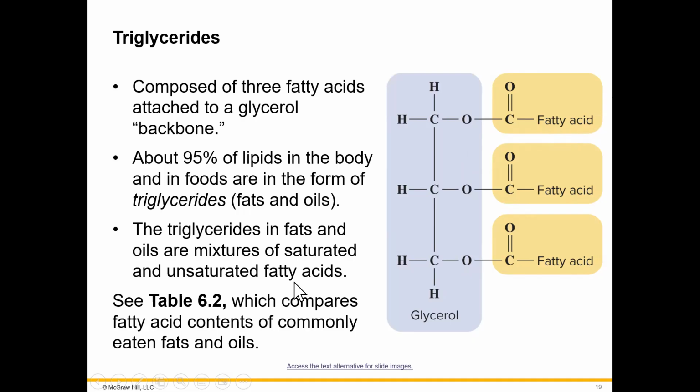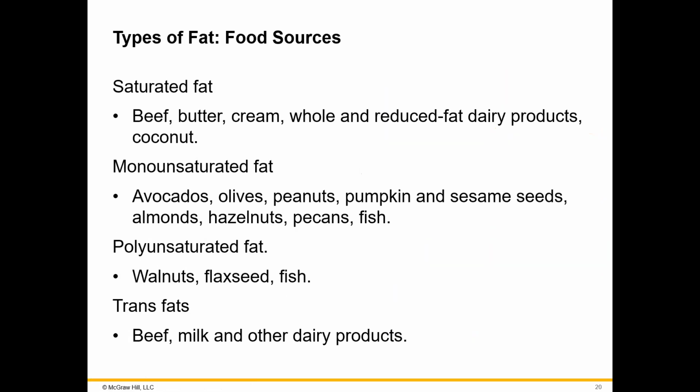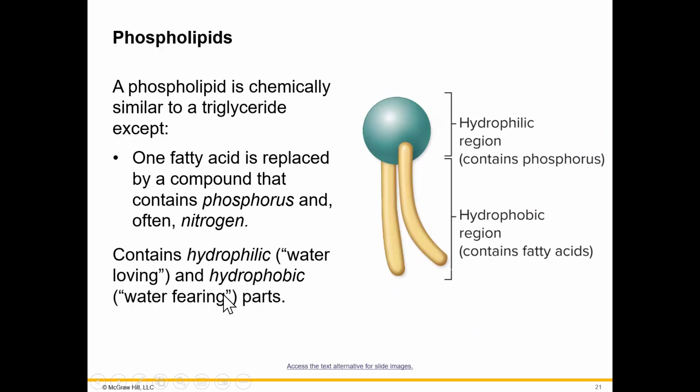About 95% of the lipids in the foods that we eat are in the form of triglycerides, fats and oils. The fats that we eat are in turn metabolized into energy and stored in the body as adipose tissue. We see these triglycerides in saturated fats, monounsaturated fats, polyunsaturated fats, and trans fats, all of those that we've just talked about.